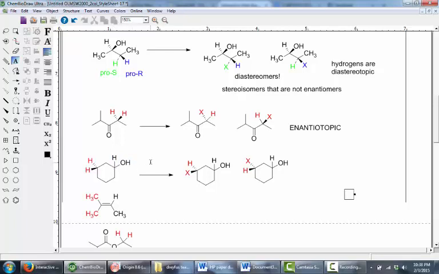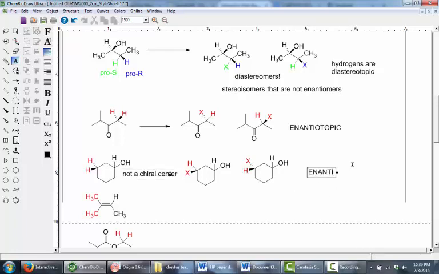Oh no, wait, I lied again. Sorry, guys. This is not a chiral center. Let's be clear on that, because if I go around the ring this way, it's exactly the same as if I went around the ring the other way. So this, again, is not a chiral center. That's just designed to confuse you. In which case, we're left with the same situation that we had in the previous example: replacing the hydrogens on the same carbon is going to lead to two different enantiomers, again enantiomers and not diastereomers, I hope.